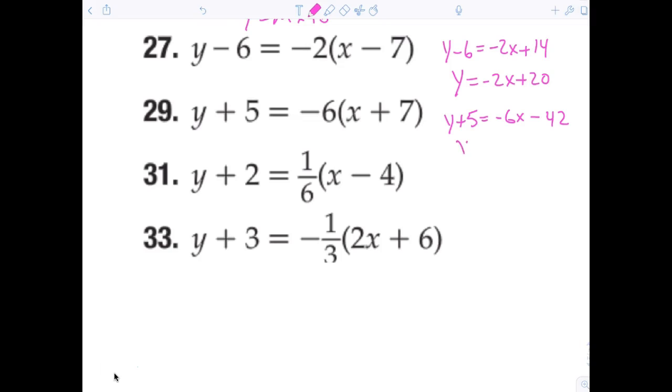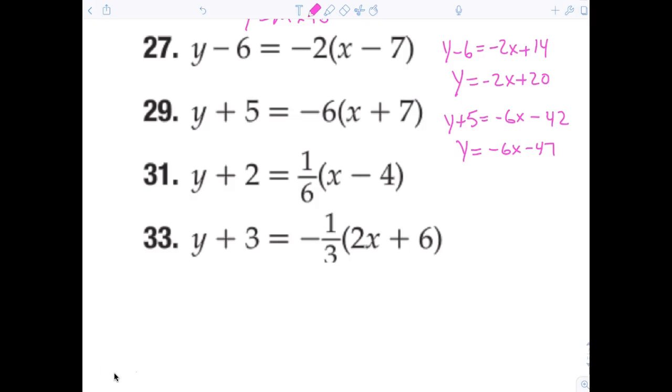Exactly. y equals negative 6x minus 47. Yes. There you go. Look how easy. Very simple. Are you allowed fractions on slope-intercepts? Yes. All right.